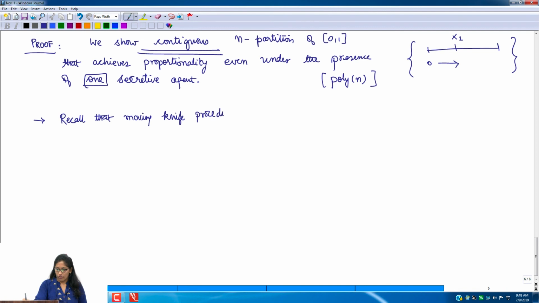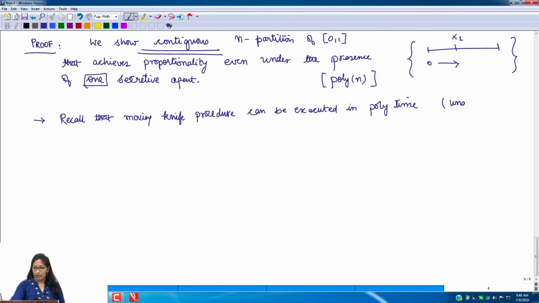Just to say again, the moving knife procedure can be executed in poly time under the cut-eval query or Robertson-Webb model, which is nothing but the cut and eval query setup.